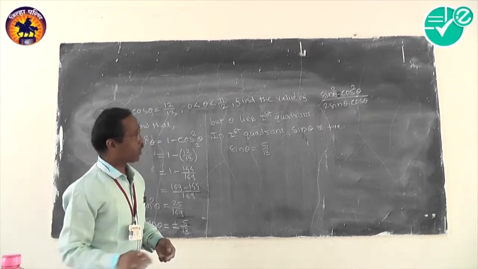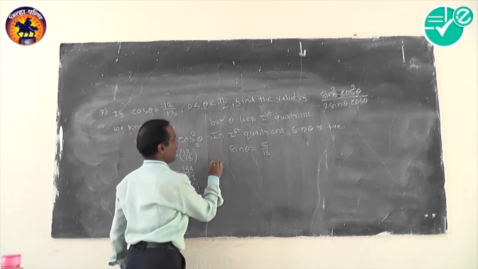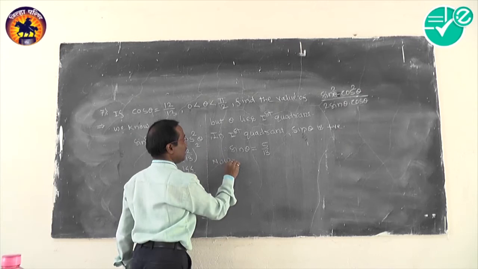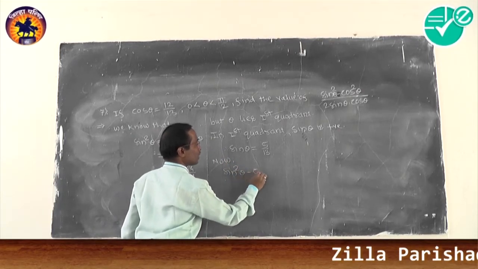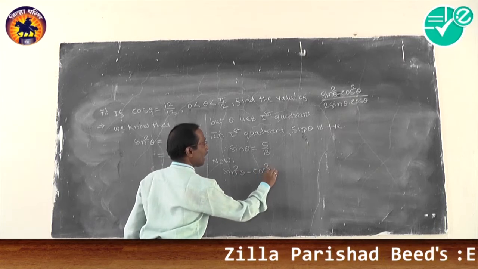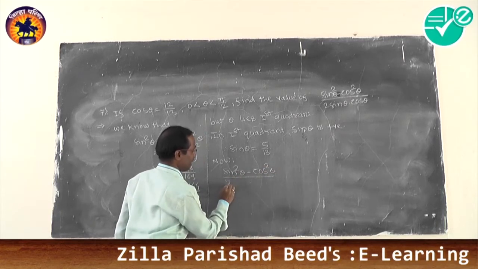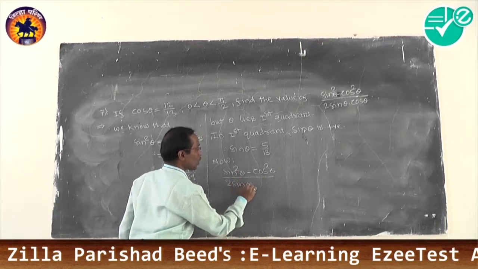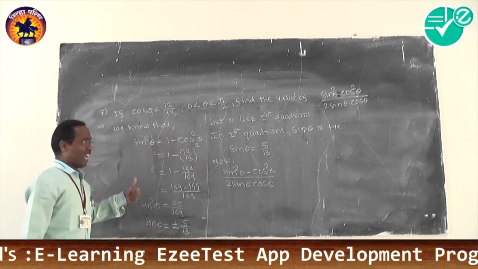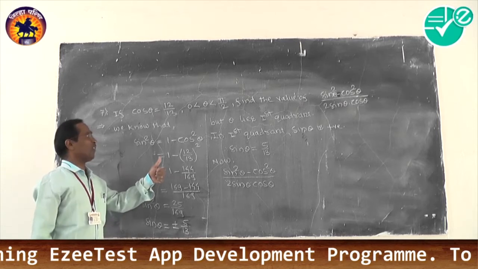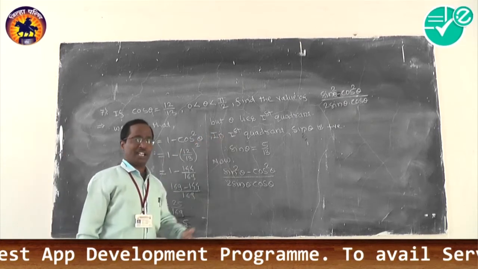Now, I want to find the value of the given expression. Sin square theta minus cos square theta upon 2 sin theta into cos theta. The value of cos theta is given and we have found the value of sin theta.